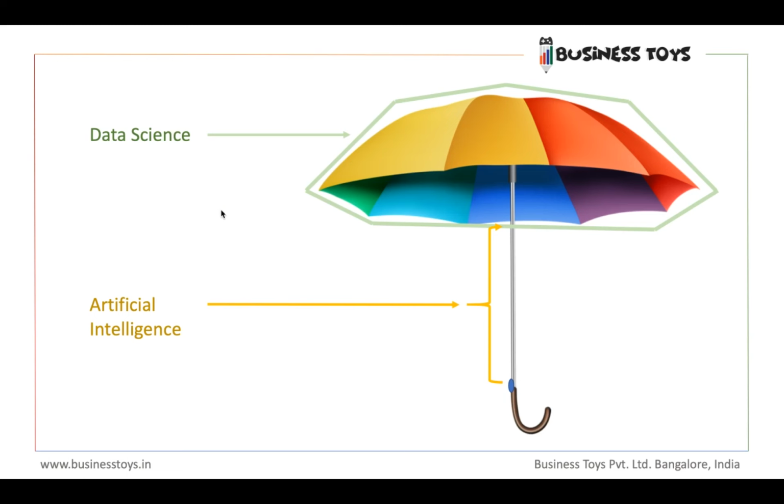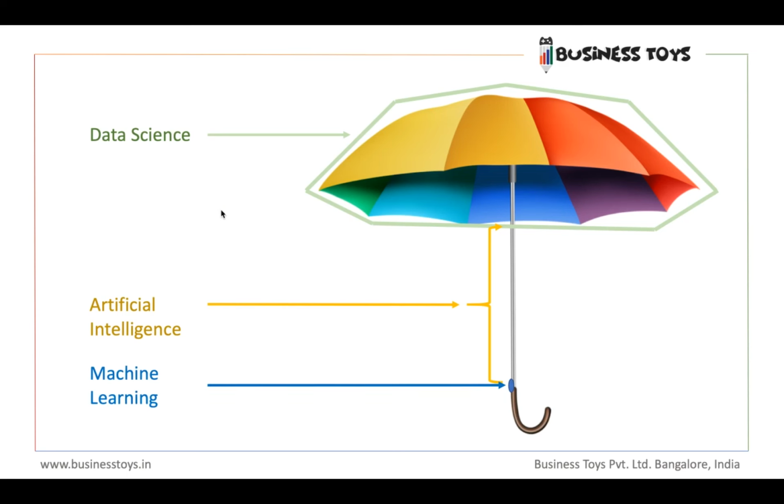So what is artificial intelligence? Artificial intelligence is a field, I'll be discussing more about this in my next slide. It's basically an approach of making machines intelligent, okay? And the entire thing is sheltered under data science, right? And how we can build a product related to data science, or the artificial intelligence, is by using machine learning.